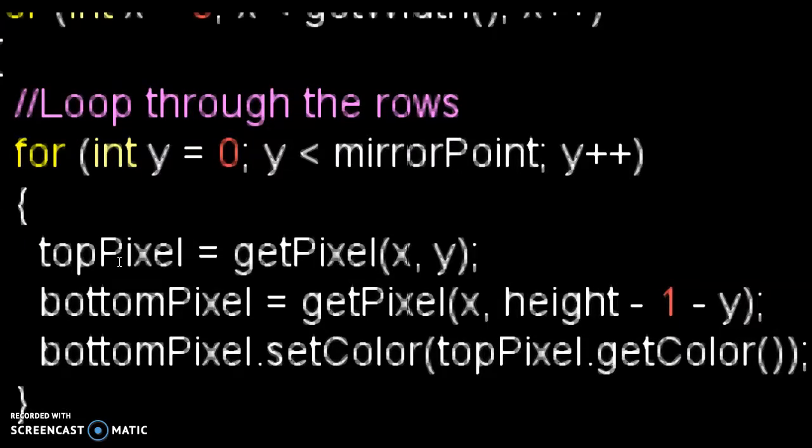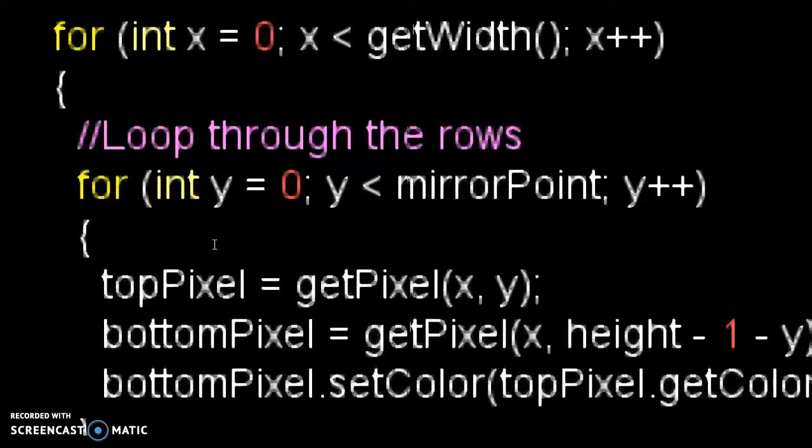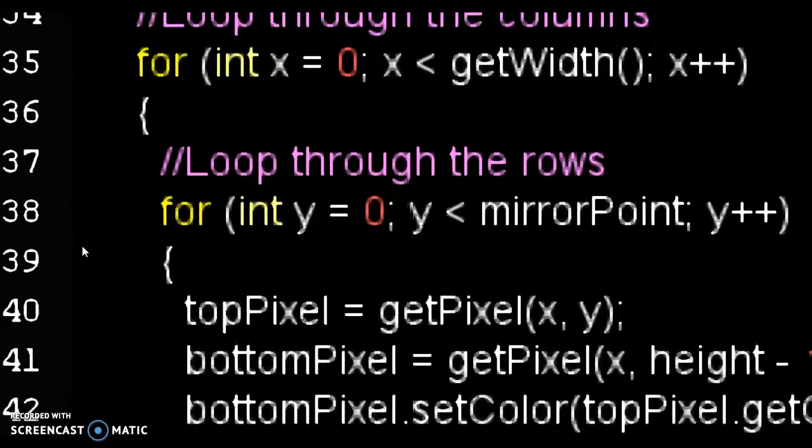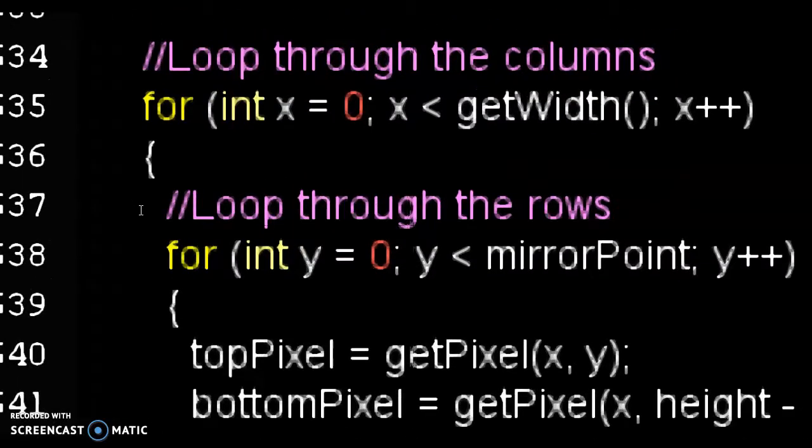And this second loop, for the y values, is going to repeat over and over until our loop determines that y is greater than our mirror point. Then the loop will no longer execute, and it'll go back up to line 535, and x will then increase to 1.